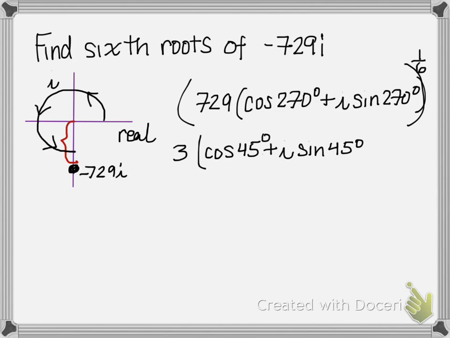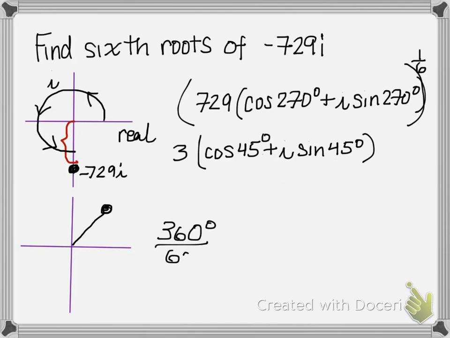The other roots are evenly spaced around a circle. So I make a different circle here, down in the left-hand corner. And I say my first root is here at 45 degrees, and the other 5 roots, they're evenly spaced. So if I'm going to fit 6 roots in 360 degrees, they're going to be 360 divided by 6.